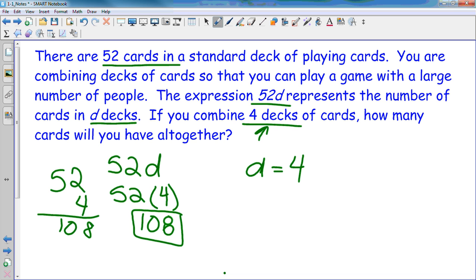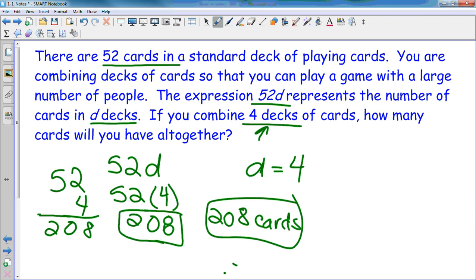What did I do? Oh, yeah, 200. 5 and 4 is not 10. It is definitely 20. Thank you. Now, make sure when you do word problems, 208 what? I forgot to put this down. Cards. There's the final answer. Any questions? Powers and expressions.